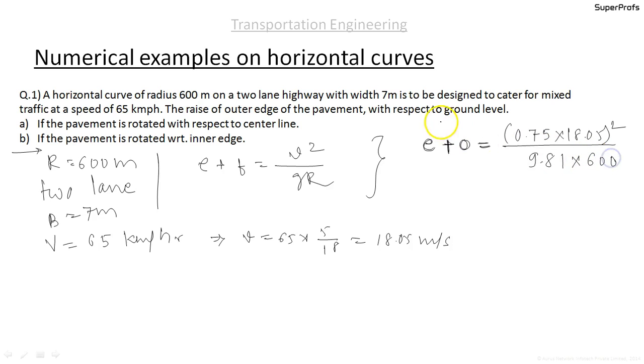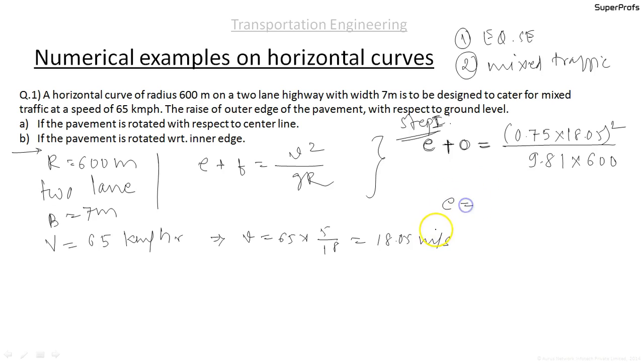This is step 1 always. In step 1, what we consider is the equilibrium super elevation, and the second point considered is the mixed traffic.